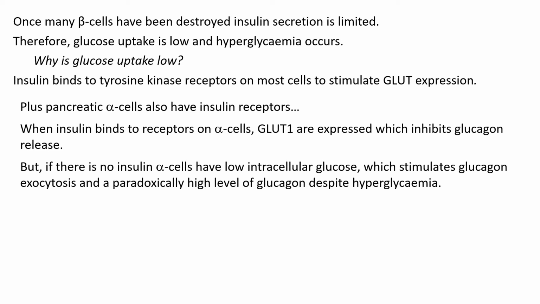Glucagon, of course, then goes off and breaks down glycogen that's stored in the liver, and this will then increase hyperglycemia. So there is a paradoxically high level of glucagon, even though there is hyperglycemia, and that then increases the hyperglycemia by breaking down glycogen from the liver into glucose.